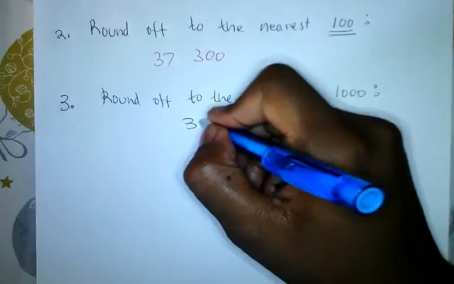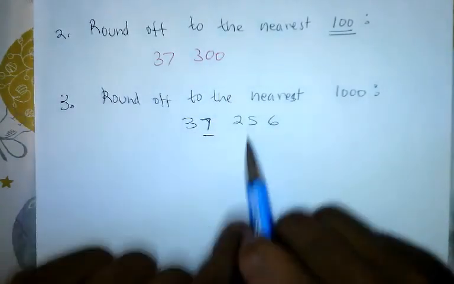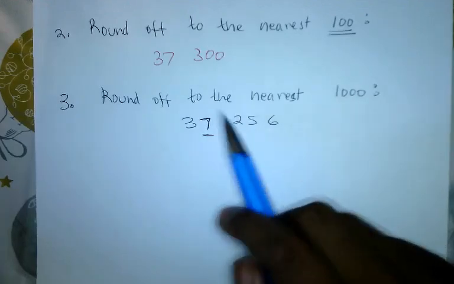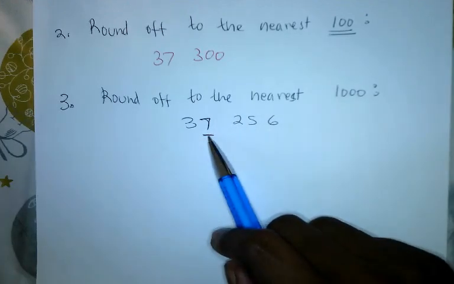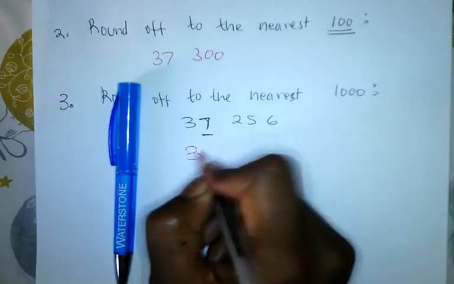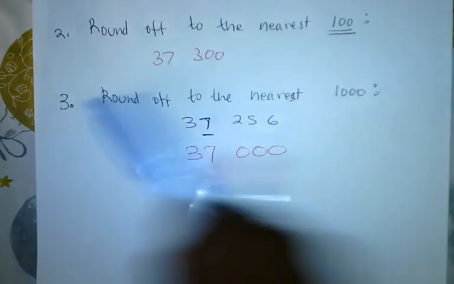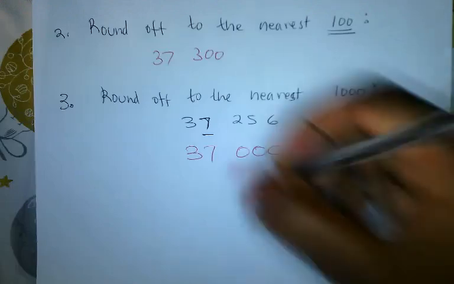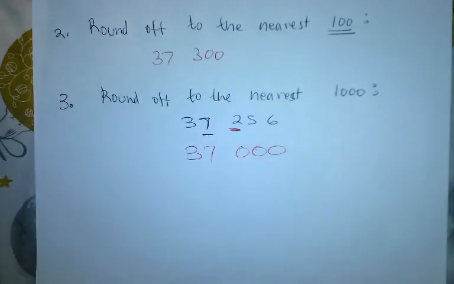It's 2. It's less than 5. So is it going to affect this number or not? No, it's not going to affect it, right? So what will be our answer? 37,000, just like that. Because this number is less than 5. It's between 0 and 4.